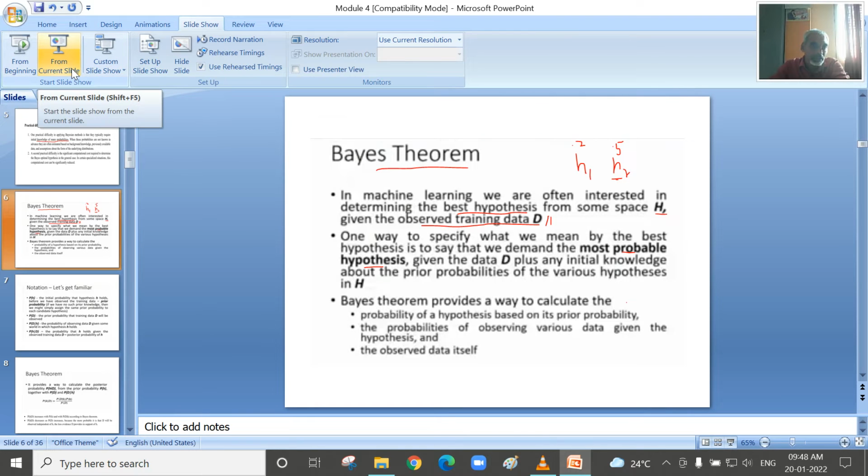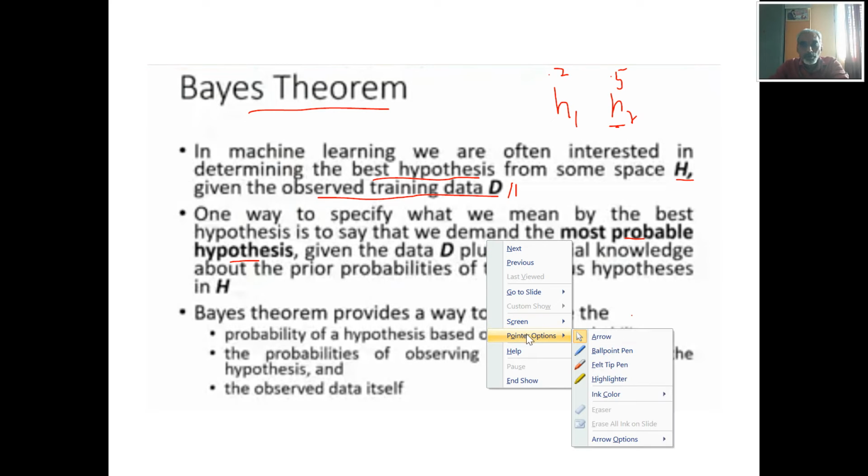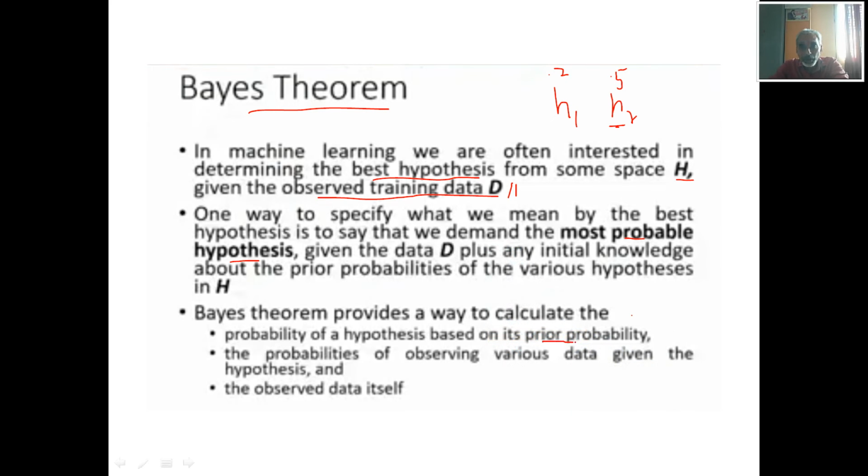That means if you are going to apply the Bayes theorem, we should have knowledge about the prior probability. So you are going to consult domain experts, and now you have some prior probability. Shortly we are going to see the equation for the Bayesian theorem. When you apply it, one of the important things we need is the prior probability. Without that we cannot do anything.